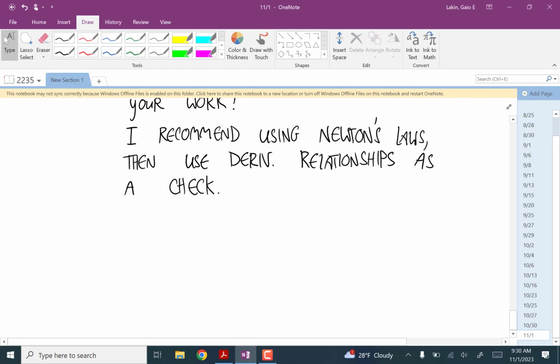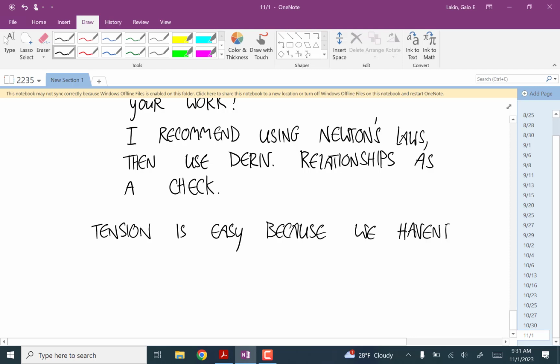So tension is easy because we haven't seen horizontal distributed loads.